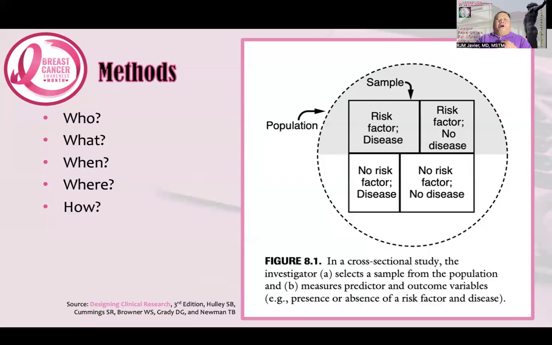In the same manner, you also identify those with the risk factor and yet they do not have the disease. Or you will identify those who do not have the risk factor and yet they have the disease. And of course, we identify those without the risk factor and without the disease outcome. And from knowing the data, you can again come up with your 2 by 2 contingency table. And to determine the measure of association, you can use either your prevalence odds ratio or your prevalence risk ratio.